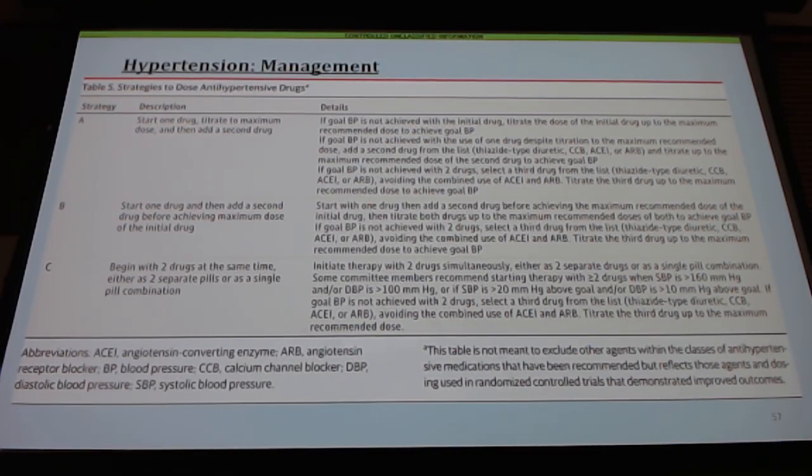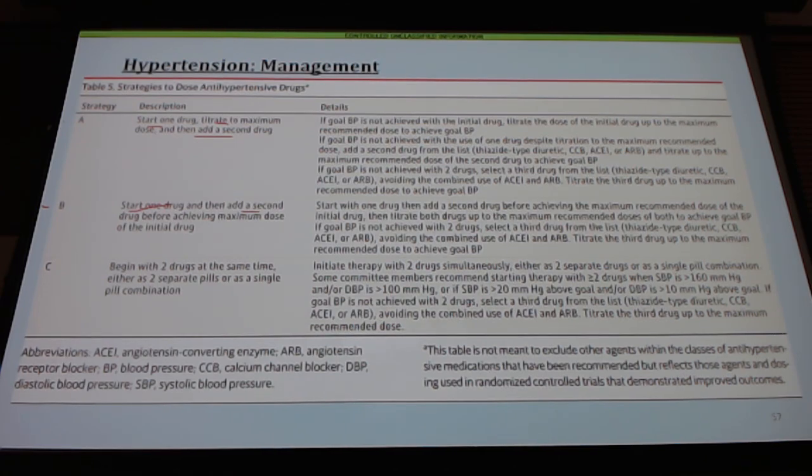According to the literature, there are actually 3 strategies. The first strategy is you can start one drug, titrate to the maximum, and then add a second drug, so kind of a stepwise fashion. Another strategy is start one drug and then add a second drug before achieving the maximum dose.